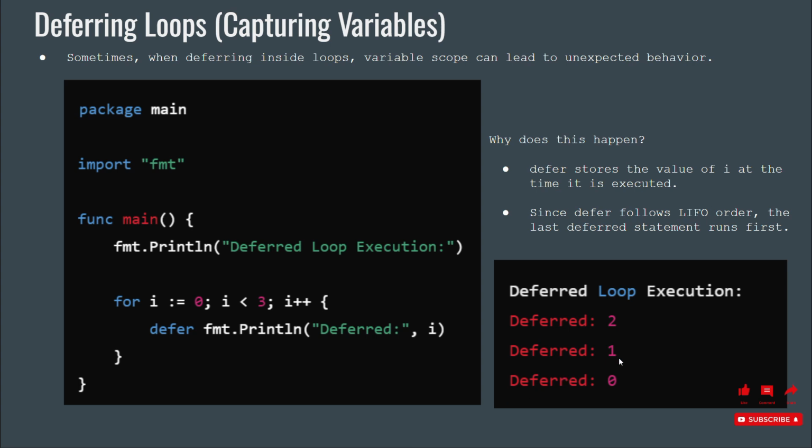This is the output of this program. We have deferred 2, deferred 1, then deferred 0. Why does this happen? Defer stores the value of i at the time it is executed. Since defer follows last in, first out stack order, the last deferred statement runs first.